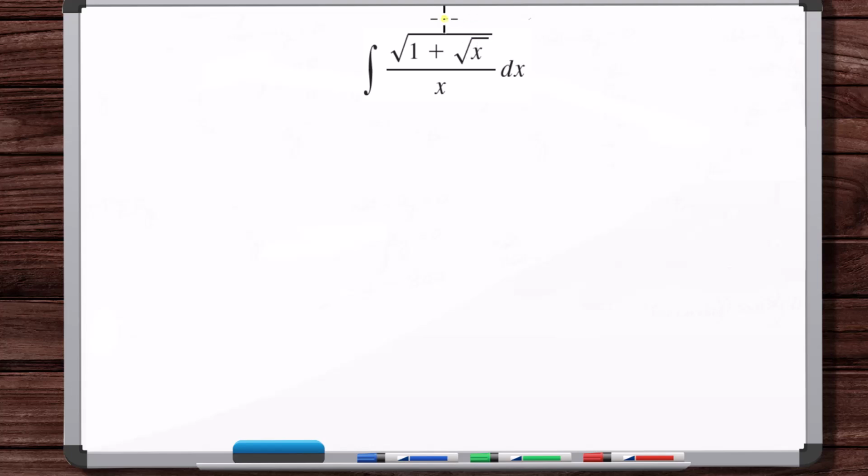So when I look at this, the idea is you want to substitute for the entire radical. So let's do that u, and this should work, because what we'll get is u squared is equal to 1 plus x, so we get what's under the radical.